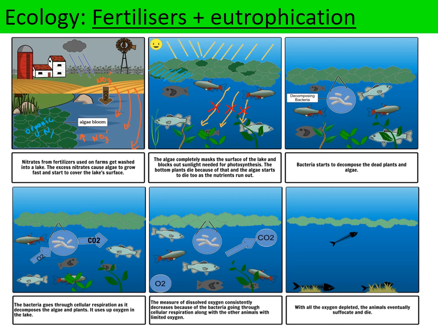So we've got decomposing bacteria in the water, and we know these are saprophytes, so extracellular digestion, and they break down the dead algae and also the dead plant material saprophytically by secreting enzymes into the water.